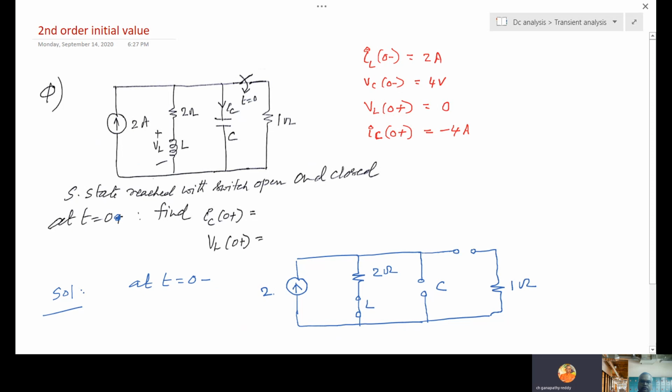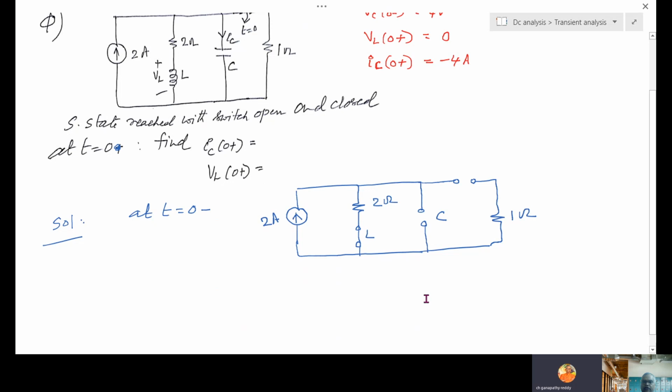Current is 2 amps. So what is this current we call it as?